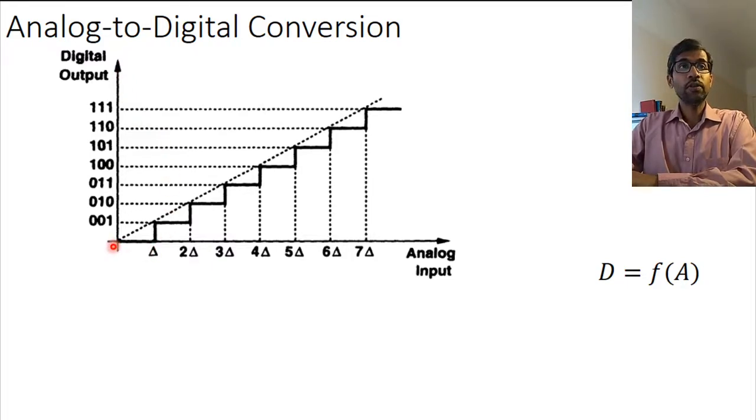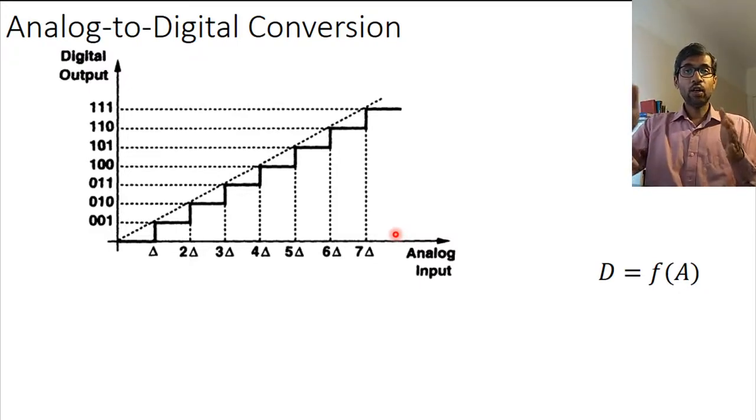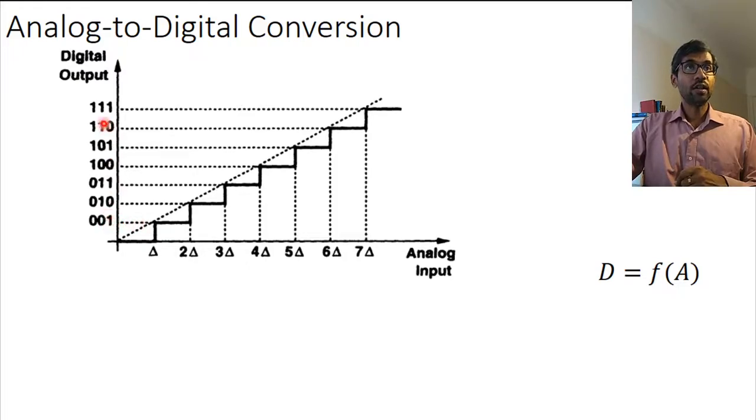You can see what we are doing in an analog to digital converter is taking the analog input, which goes in this case from 0 to some value, which probably is 8 delta, right? And then you divide the analog input into various intervals, and then you assign each interval a particular digital code. So that's what we want to do as a part of analog to digital conversion.